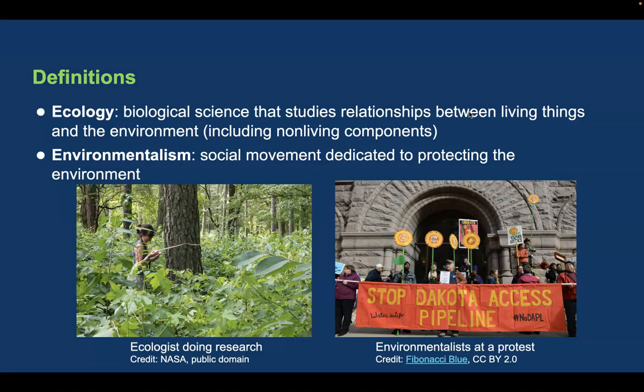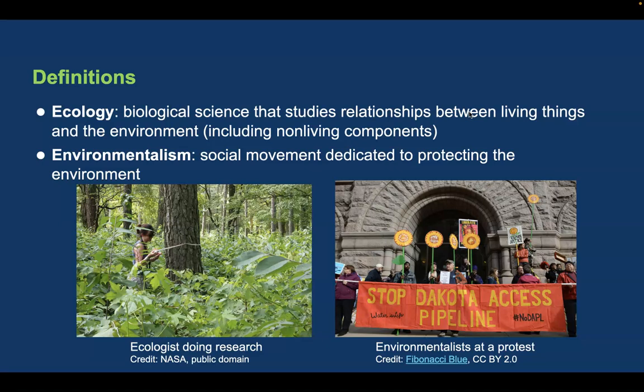And then environmentalism is actually the social movement dedicated to protecting the environment. So when we talk about environmentalism, this is based on environmental activism, which is more of a social movement to protect the Earth's life support system for humans as well as other species.